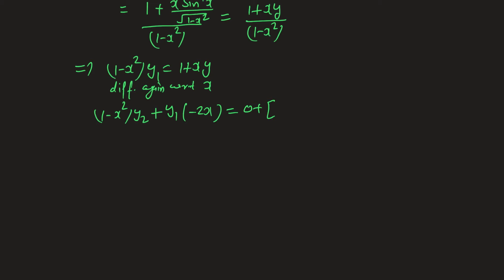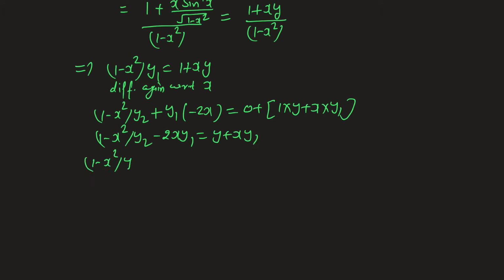Apply the product rule on xy: differentiation of x will be 1, y, x as such, differentiation of y is y1. So (1 minus x square) y2 minus 2x y1 equals y plus x y1. So (1 minus x square) y2, this will come over here, minus 3x y1 minus y equal to 0.